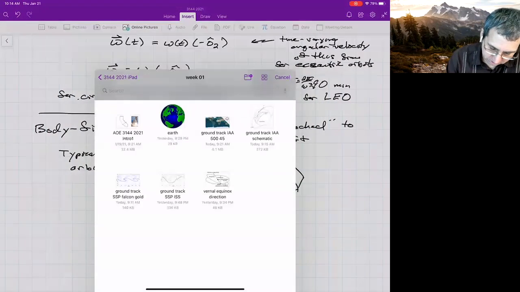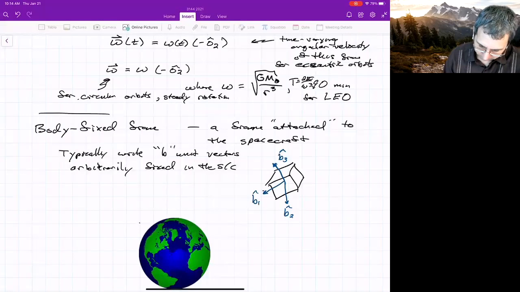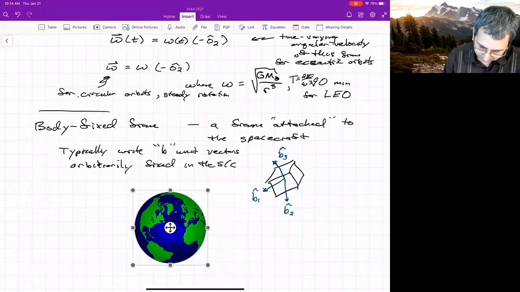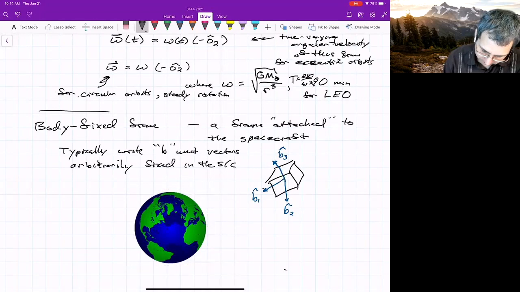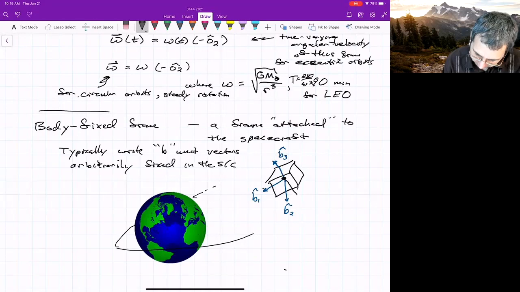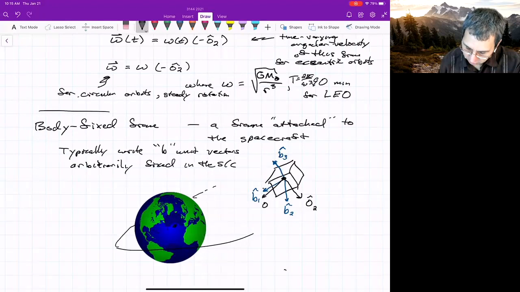And may as well just bring up the Earth. There's Earth. Maybe I'm on some super inclined orbit. So maybe the orbital frame would be like, here's O2, and then pointing towards the center of the Earth would be like O3.